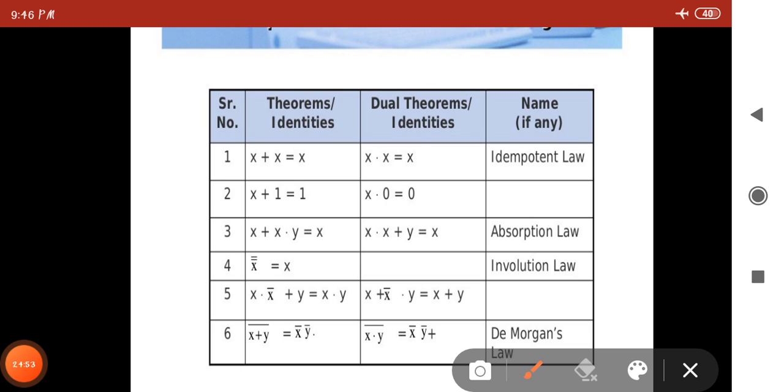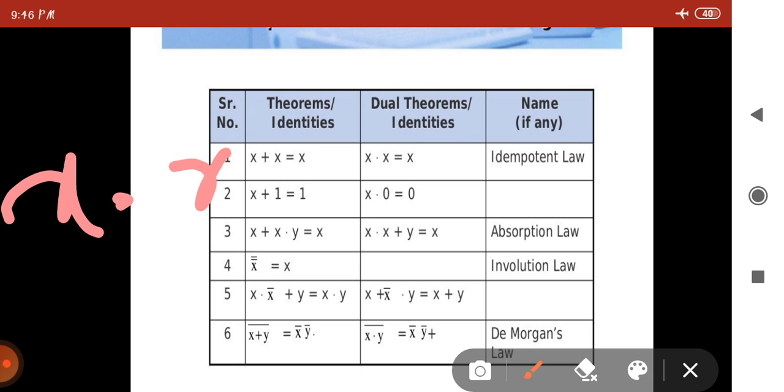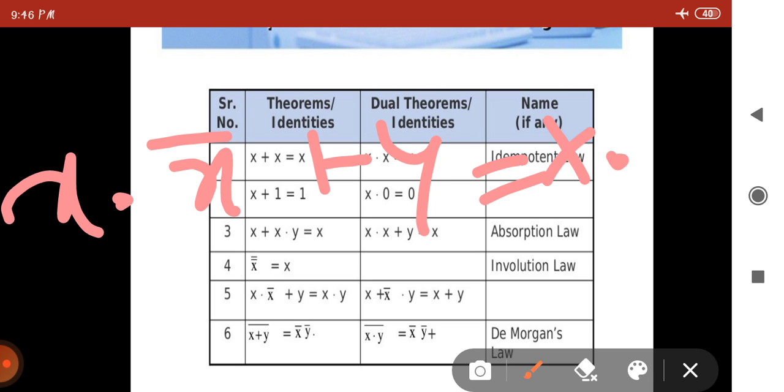What I am telling is, x into x bar plus y equals x into y is the answer. X into x bar, what does it come to, we have to discuss. Yes, x plus y equals x into y will come.